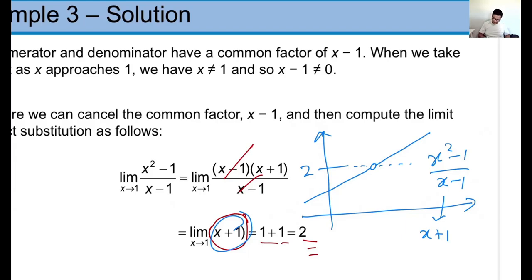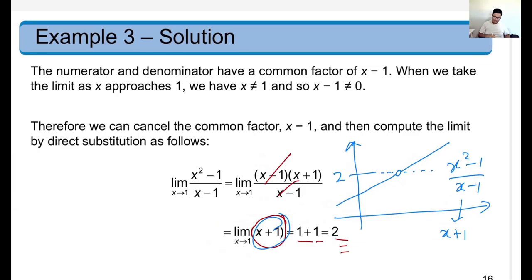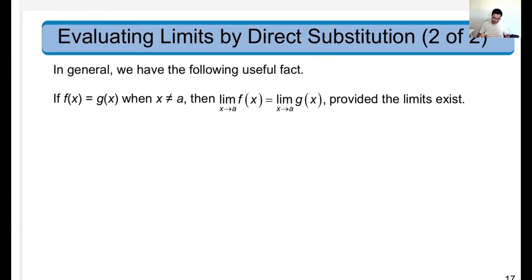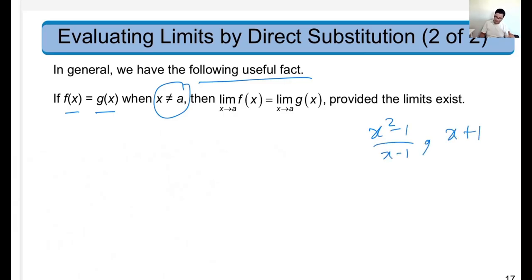Okay. And what you observed here just now is a general statement. This is a very useful fact. If two functions are equal at all points except at one point, like in this case, if you look at x squared minus 1 over x minus 1 and the function x plus 1, this function is basically that except at 1, right?